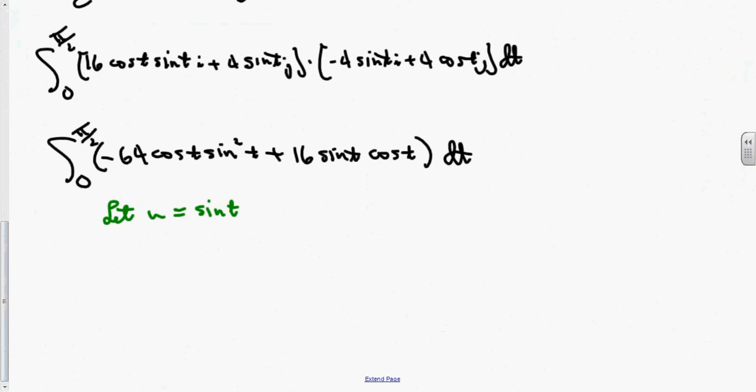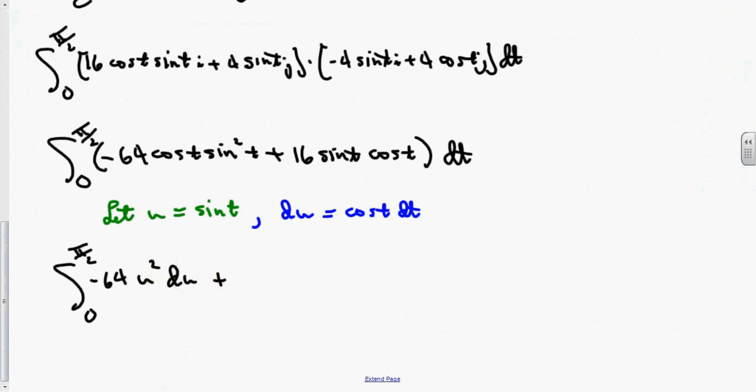So this is the integral from 0 to pi over 2 of negative 64 u squared du plus the integral from 0 to pi over 2 of 16 u du.